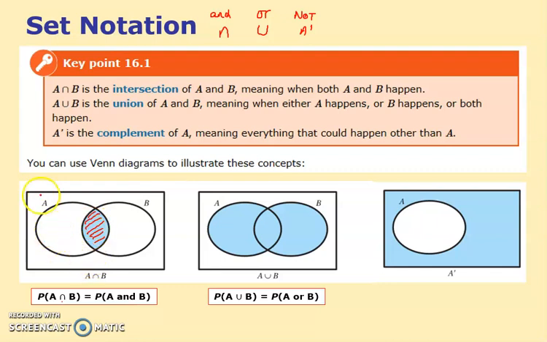If you want an example, A might be the probability I get rich tomorrow, and B might be the probability that I get great grades in my A levels. Both are quite unlikely for a lot of people, so the probability of them both happening is really unlikely.